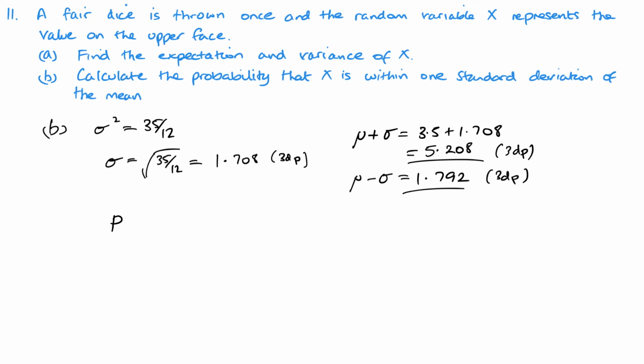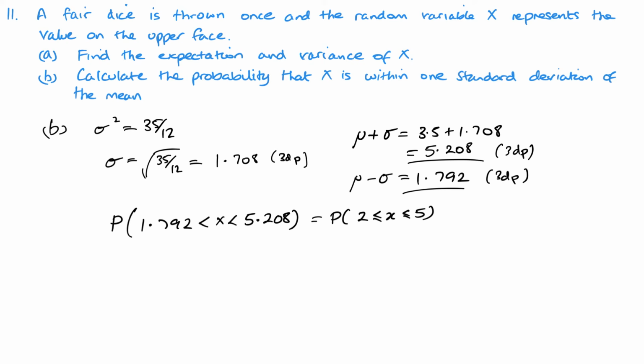So since we're finding probability, and we're finding the probability that it's between these 2 values, we'll find the probability that x is between my 1.792 and 5.208. Now, since this is discrete data, that would mean that we're looking at between 2 and 5, including those values.